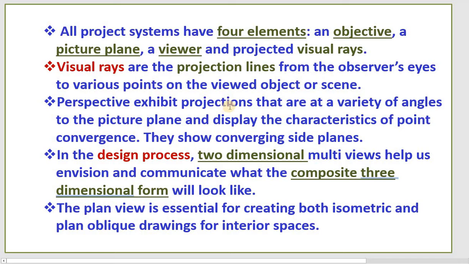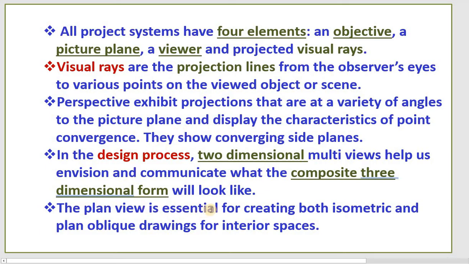That's the projection one. In the design process, two-dimensional multiview helps us envision and communicate what the composite three-dimensional form will look like. That means when you look at the 2D and you view many different ones of the projects, you can communicate that for 3D. The three-dimensional form will be there.